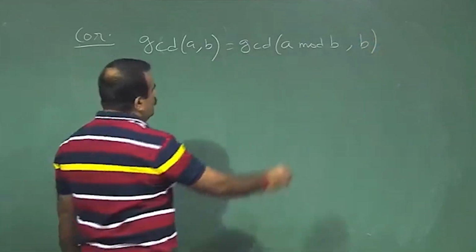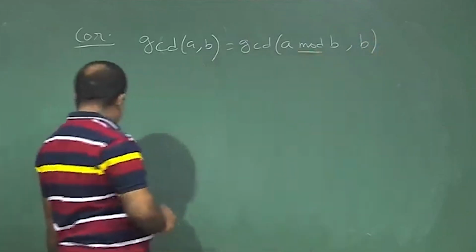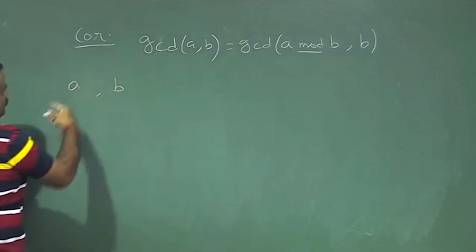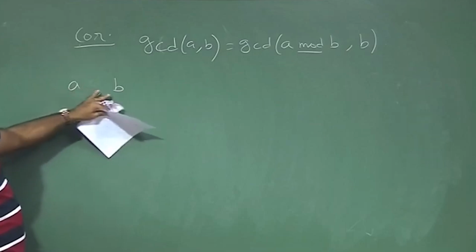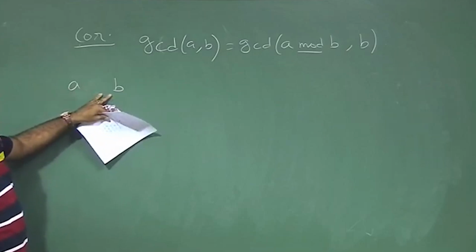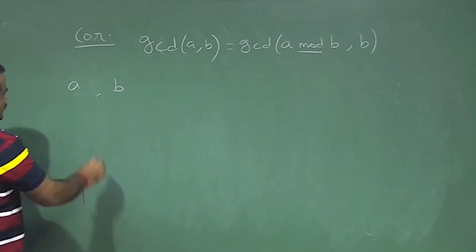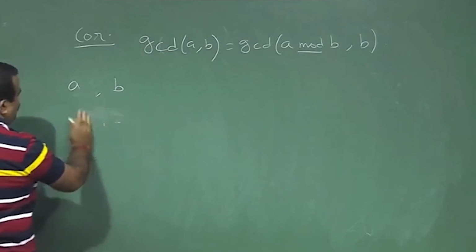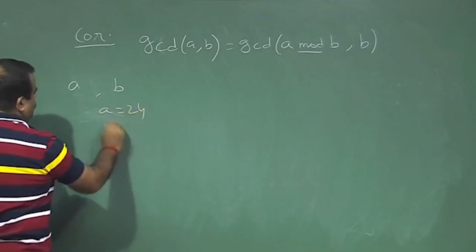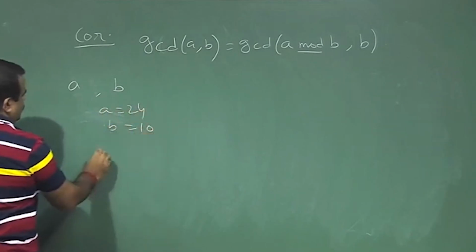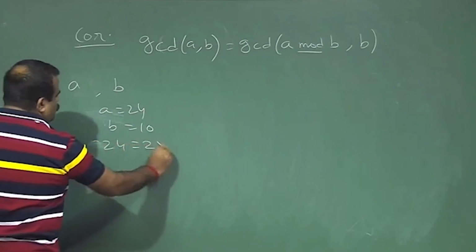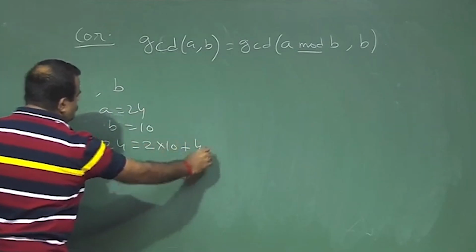See, what is this mod operation? A is an integer, B is an integer. If we divide A by B, then A mod B is basically the remainder. Like if A is 24 and B is 10, say, then 24 can be written as 2 into 10 plus 4.